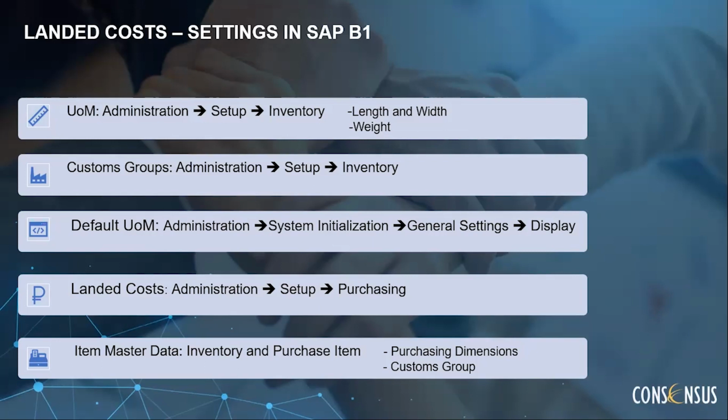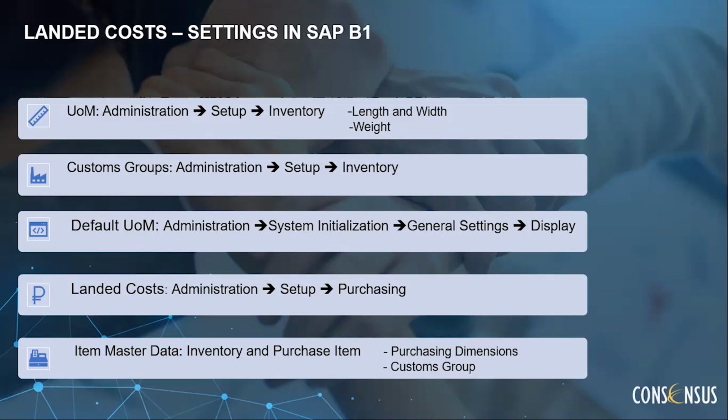So those decimals need to be defined under the general settings. Then also under the administration setup, we have the actual landed cost under the purchasing. Actually, it is the only setup that we have for purchasing. It is landed costs.